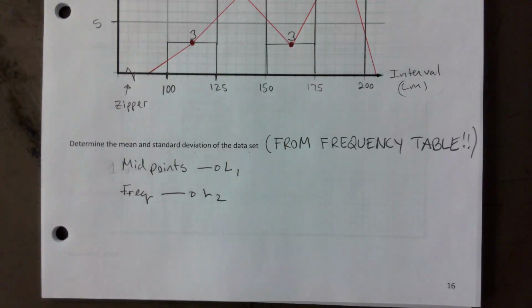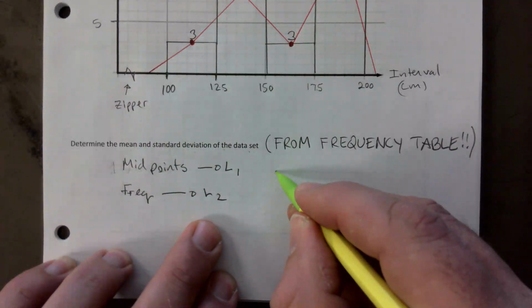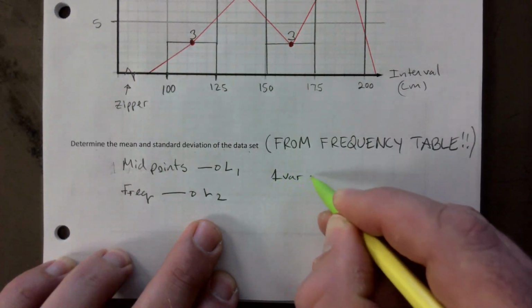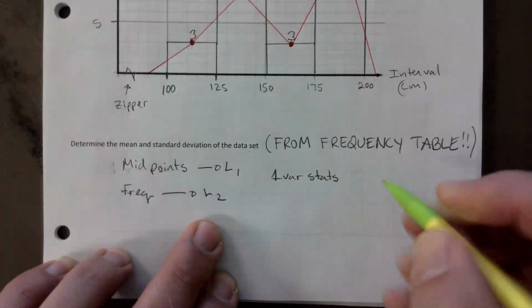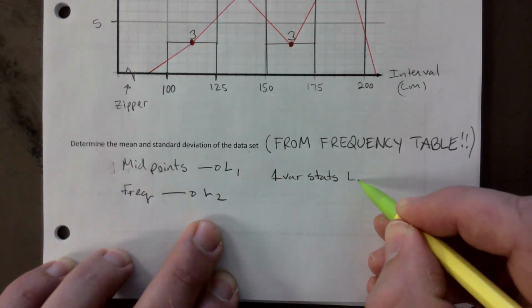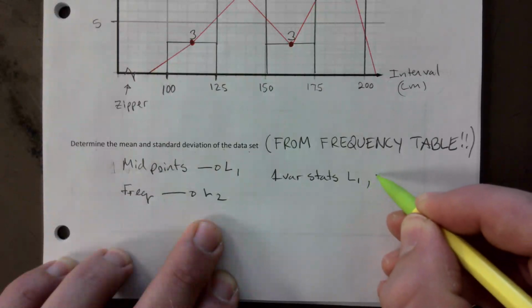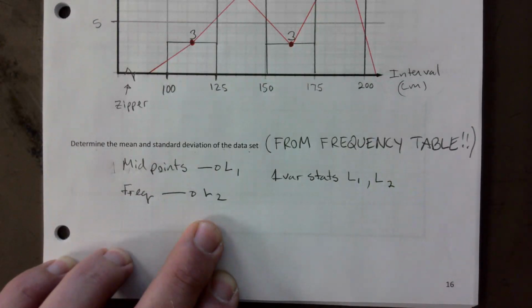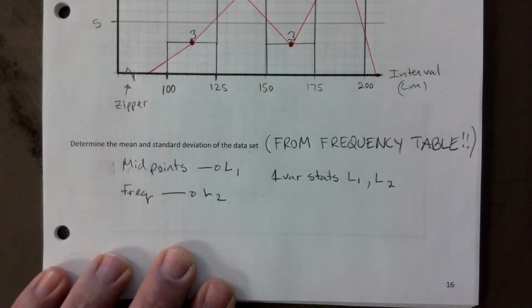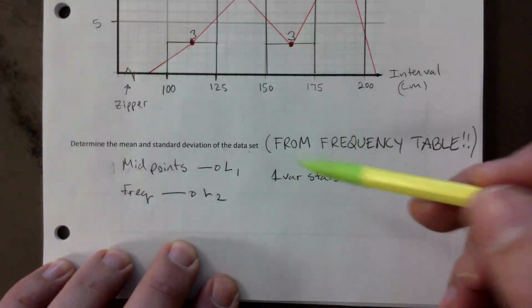Whoa, what's happening there? L1, L2? Yep. Then you're going to go one variable stats. And watch this. You're going to feed it L1, comma, L2. Okay? You must do it in this way.